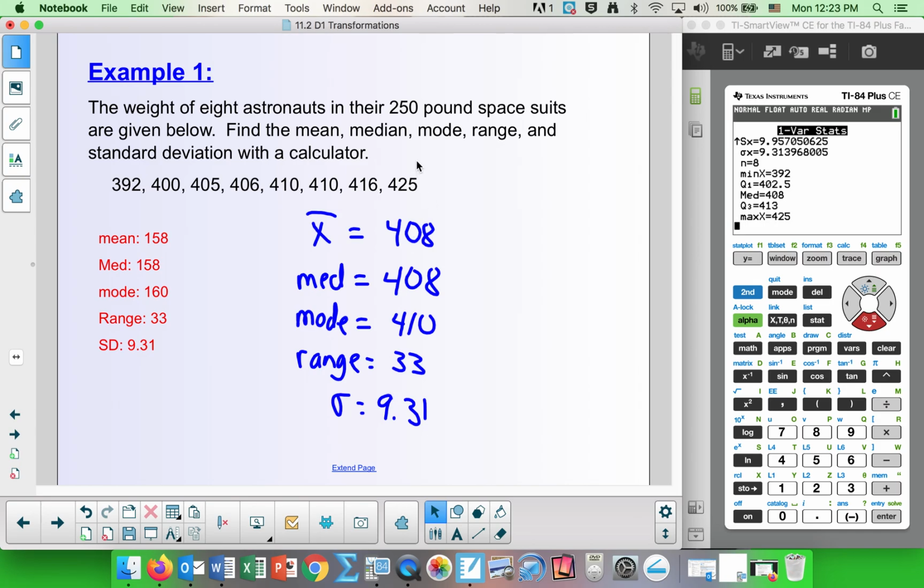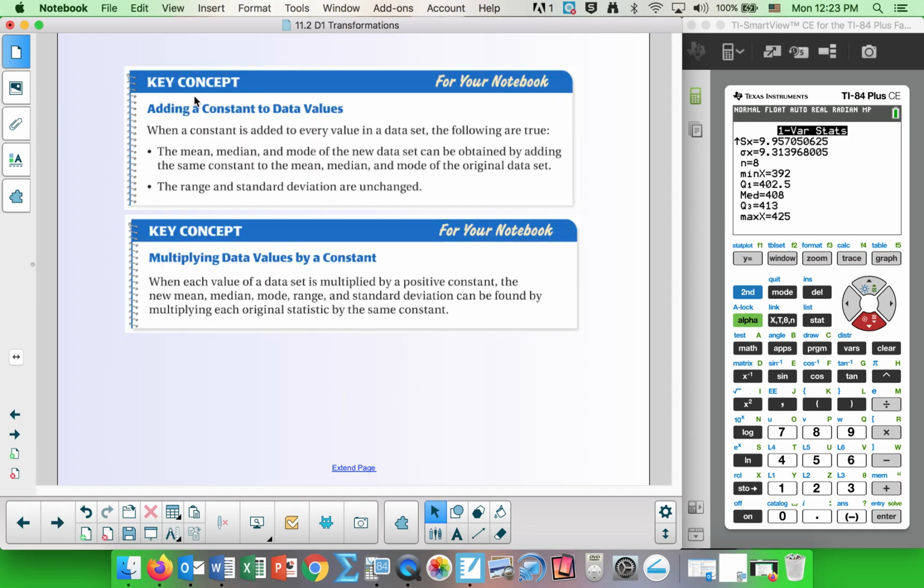All right, because I still went from 425 to 392, and so that range is exactly the same. And remember, standard deviation is the average distance to the mean. So the distance to the mean and the average distance there, that notice also stay the same. So we have a key concept that we just discovered here. Here it is.